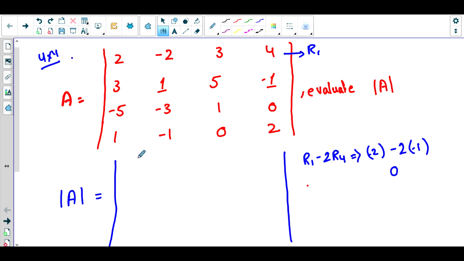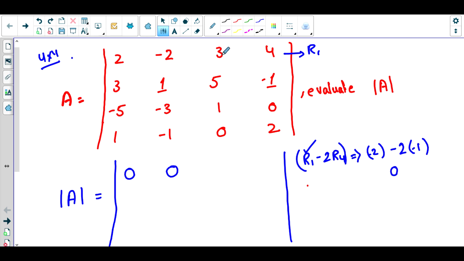Now when you are performing this row operation, it will change the first row only, not the fourth one. So I have here 2 minus 2, which is 0. Now this is the second one, minus 2. Perform the same operation, we will have another 0 here, because minus 2 into minus 2 makes it 0.